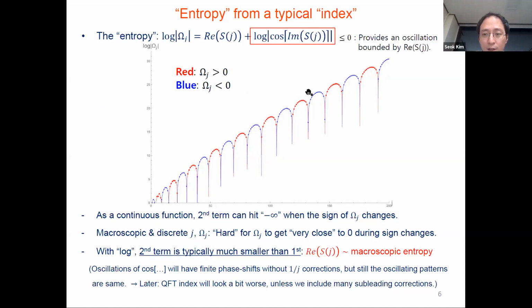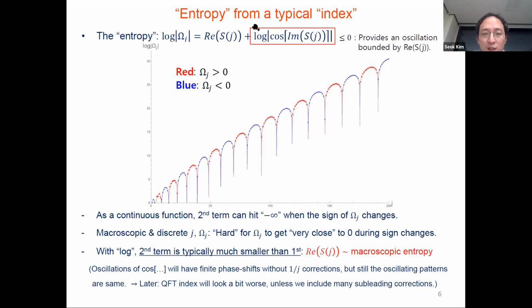There are many characteristic behaviors that you should remember from this simple toy model, and many of these behaviors will be repeatedly appearing in the more challenging, let's say, 4-dimensional maximal super Yang-Mills theory index and so on. So in order to make the point clear, I'm first showing the phenomena clearly in this easily solvable model.